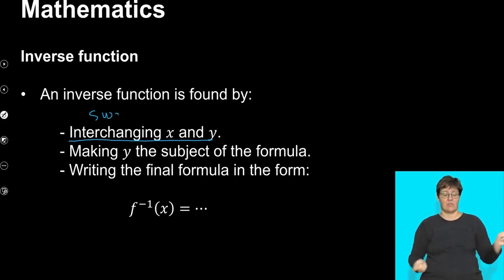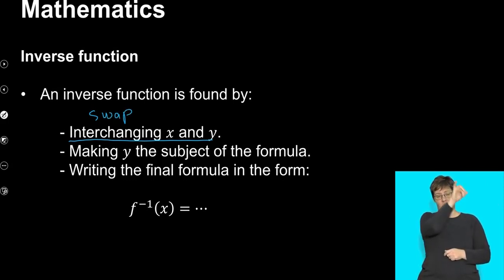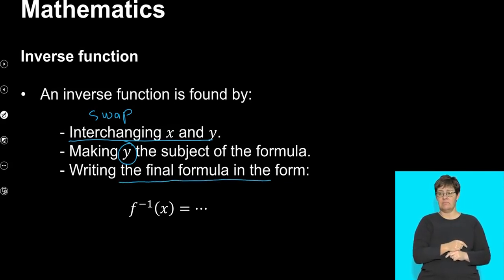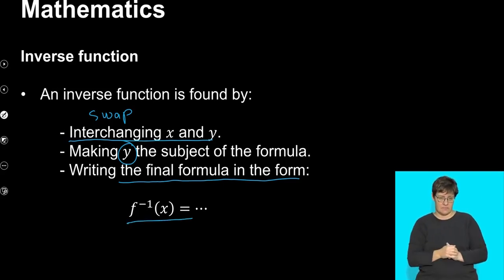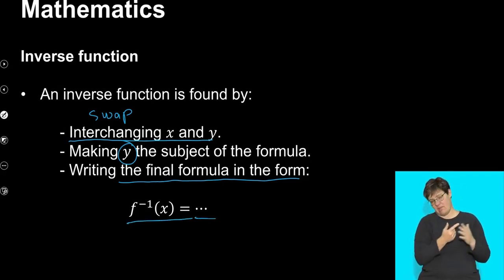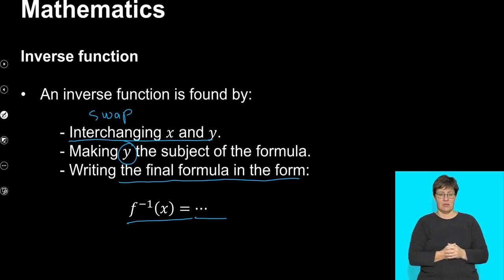You can swap x and y, meaning whatever is x becomes y, and whatever was y becomes x. And then you make y the subject of the formula, and then lastly, you write the final formula in the form of f to the -1 of x equals whatever you get there. And that's how you look at the concept of a function and its inverse.